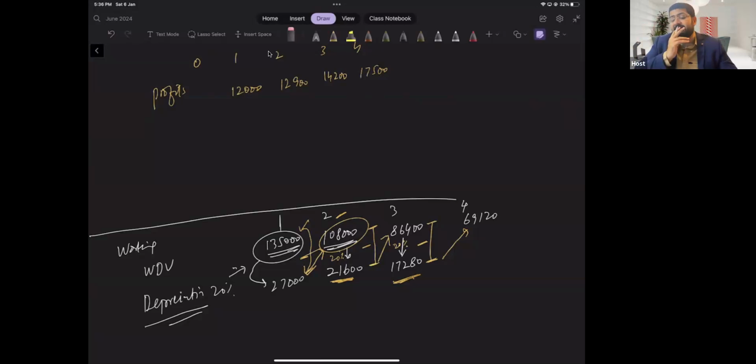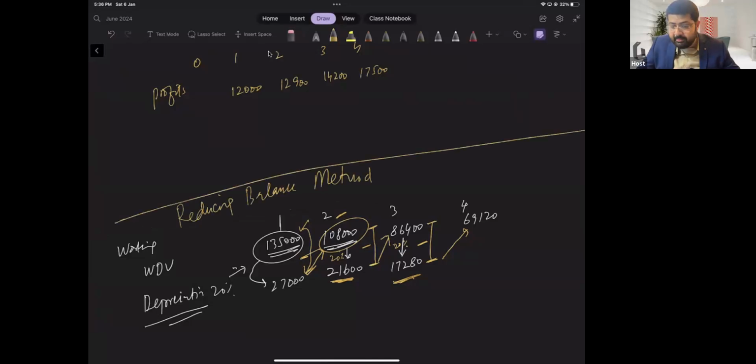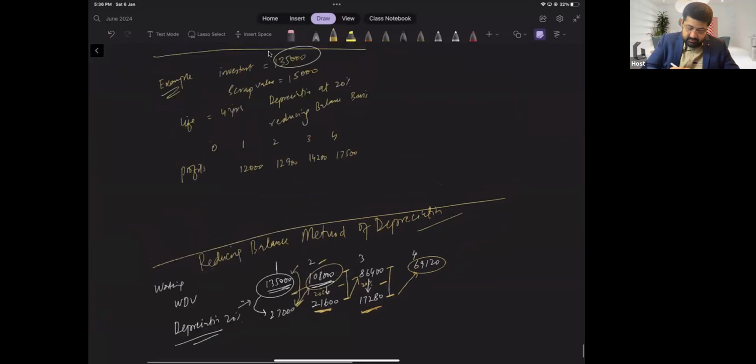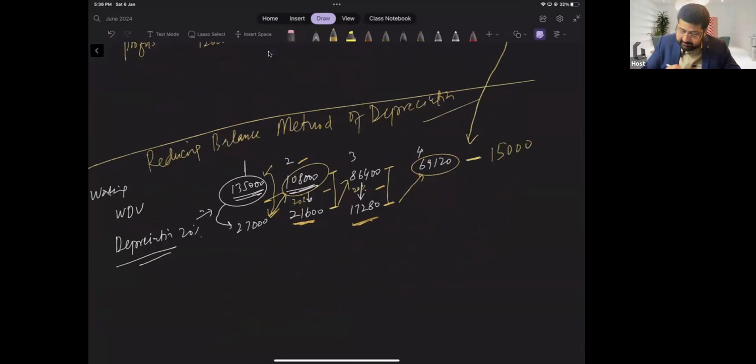Now, in the final year, reducing balance method of depreciation. In the final year, it is compared with scrap value. 15,000 is scrap value. In books value is this. Year 4, according to books, it is 69,120.